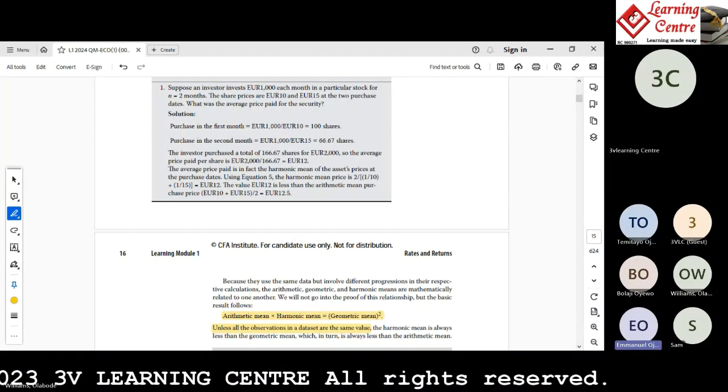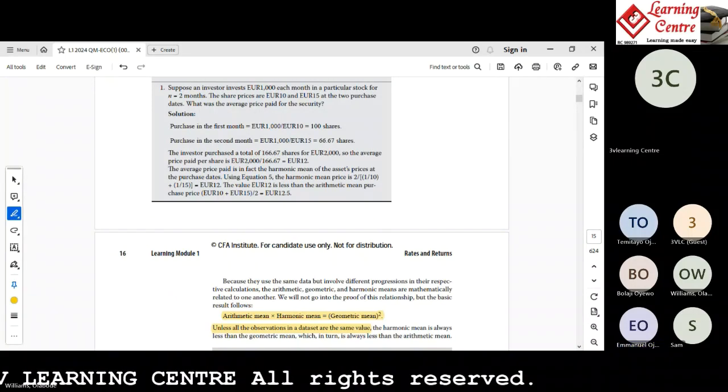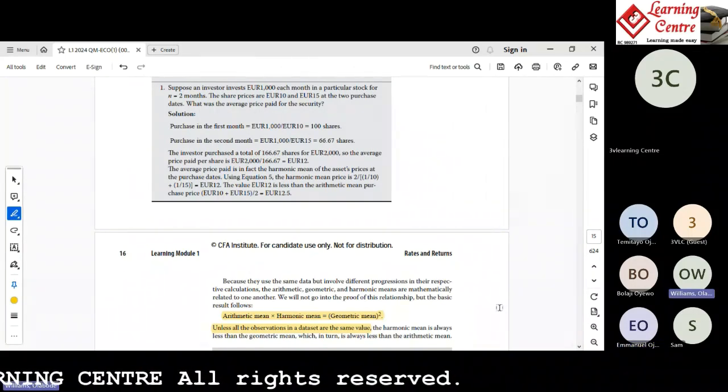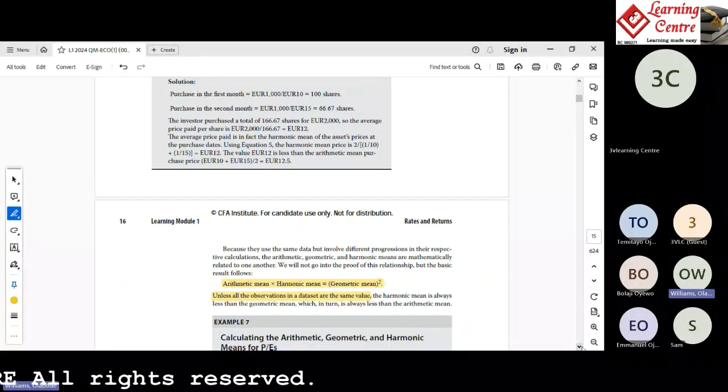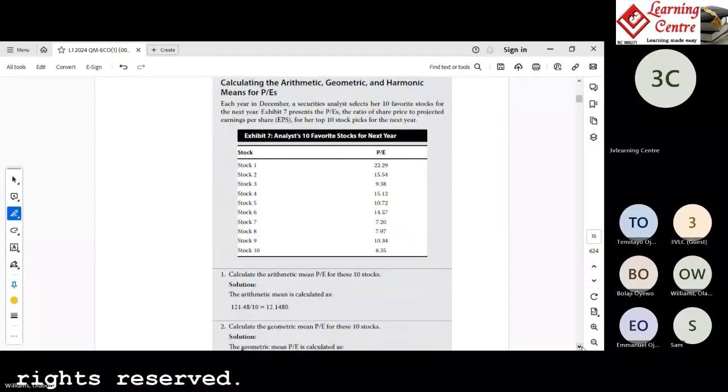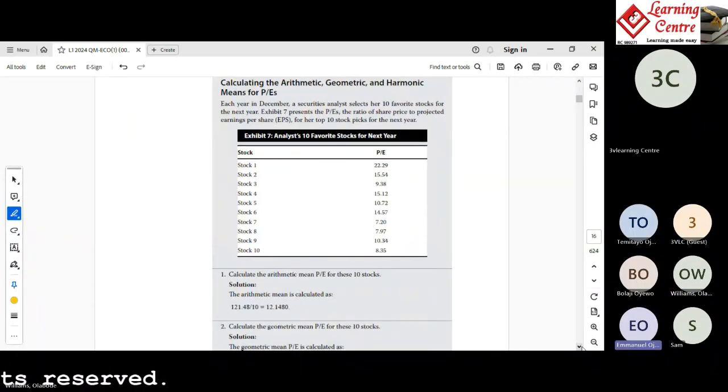Sorry, what's the figure for the arithmetic mean? I'm scrolling there now so that you see. Arithmetic mean is 12.1480. Okay, 1480.